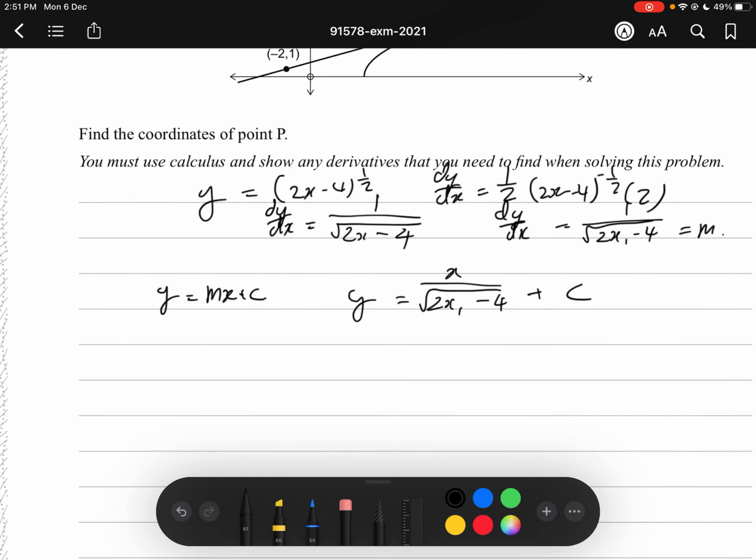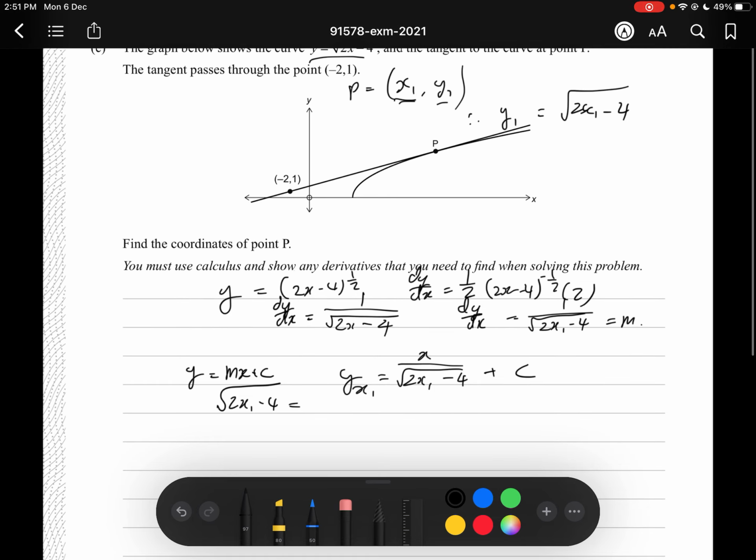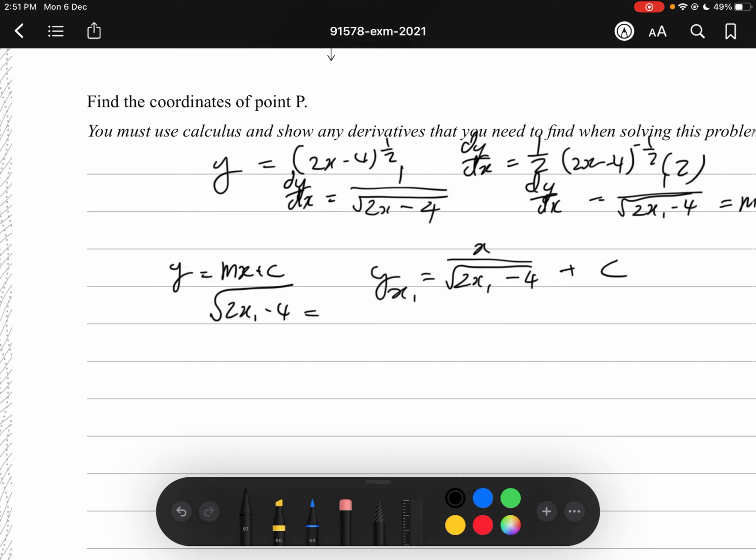And we can use this information to find the c value. So we can say that the square root of 2x1 minus 4 is equal to x1 over the square root of 2x1 minus 4, plus c, since at this point x is point P, so we're saying that x equals x1.